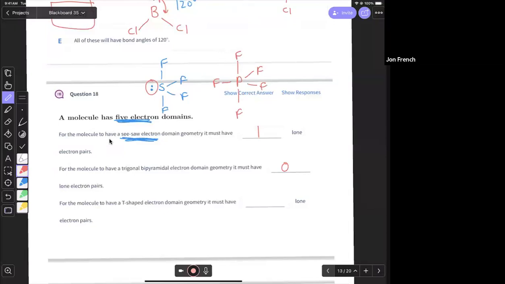And then for the T-shaped, we just saw an example of the T-shaped, right? T-shaped was that chlorine trifluoride. For it to be T-shaped, we must have 2 lone pairs to give us that molecular geometry from the trigonal bipyramidal electron domain geometry.